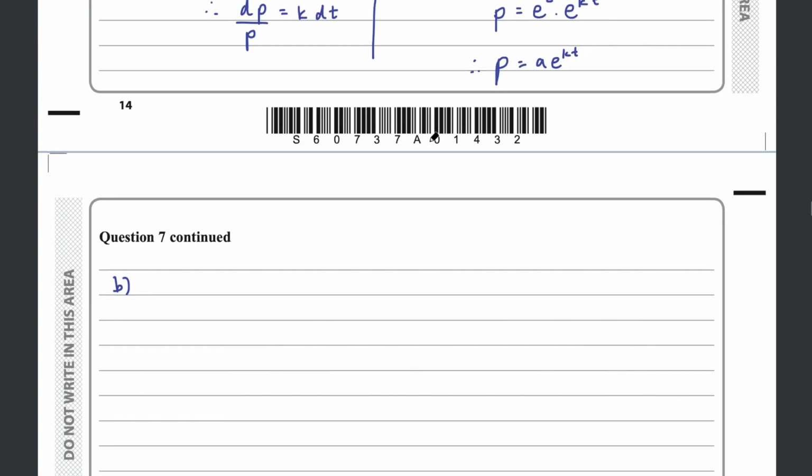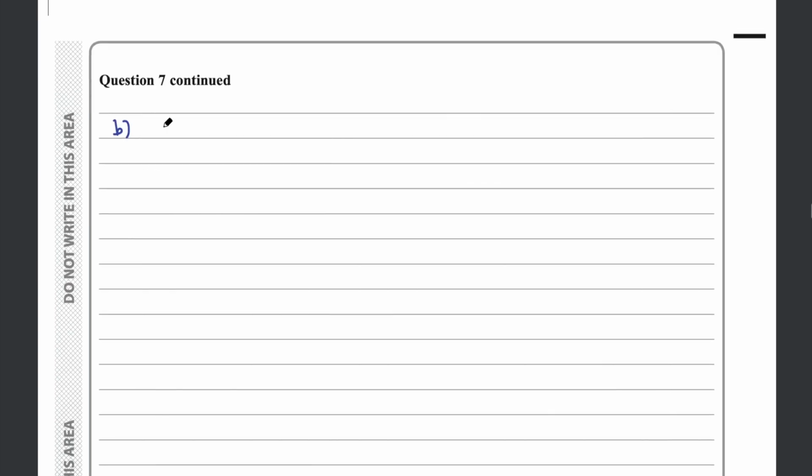Okay, now let's start by writing this equation out again. P equals a e to the power of kt, and we're talking about the graph of the log of P. So if we took the log of this equation, this would be the log of P equals the log of a e to the kt.